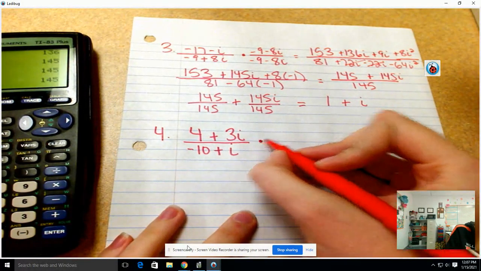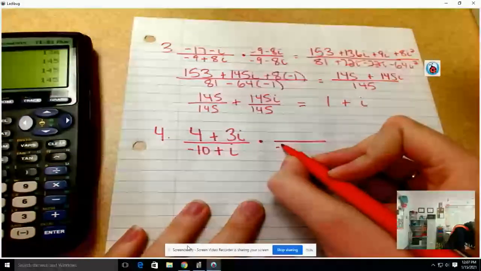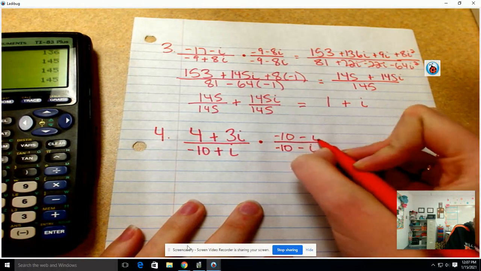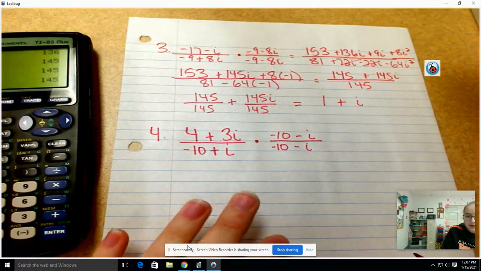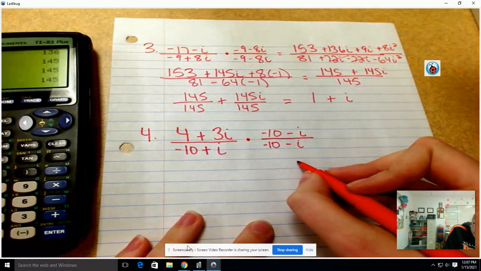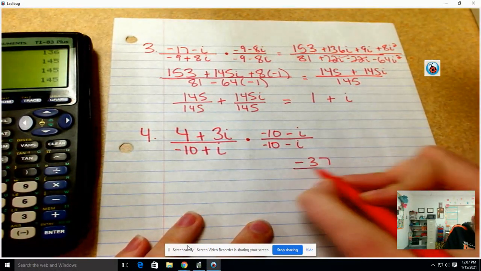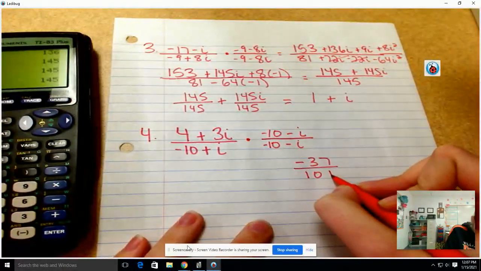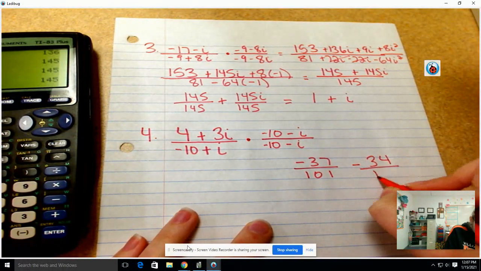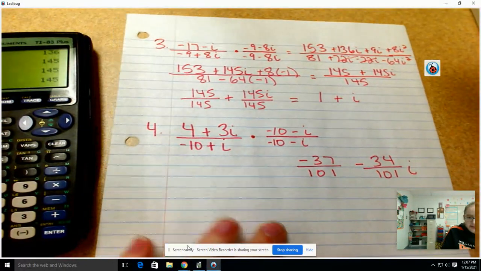Okay, your first step is you're going to multiply by the conjugate, so it's going to be negative 10 minus i, negative 10 minus i. You're going to distribute all that out to your simplification, and you should end up with your answer of negative 37 over 101 minus 34 over 101 i.